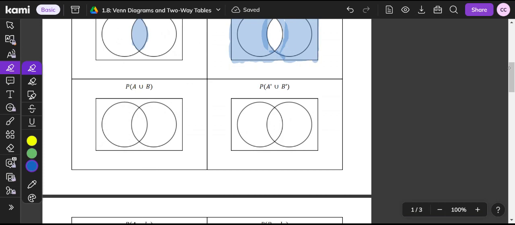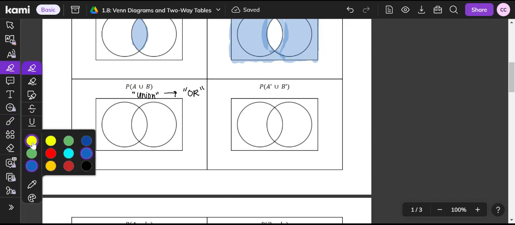Now I've got a weird symbol. It looks like a U. This means union. And union in math means or. So now we look at the probability of A or B. Now this one's kind of weird.